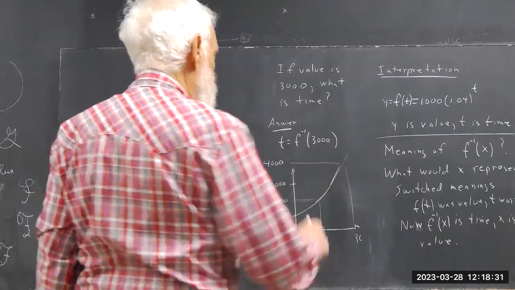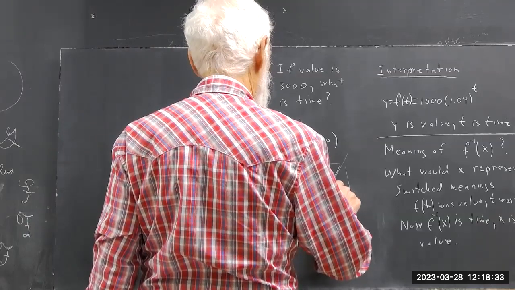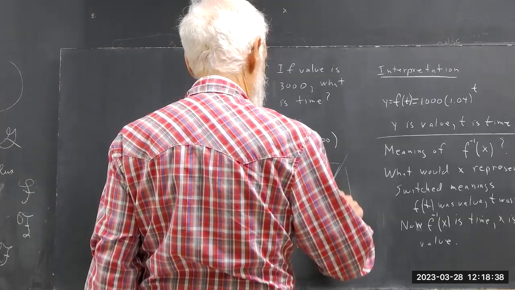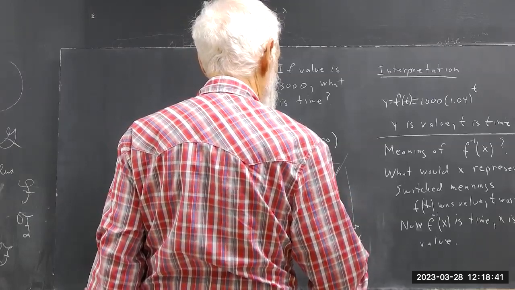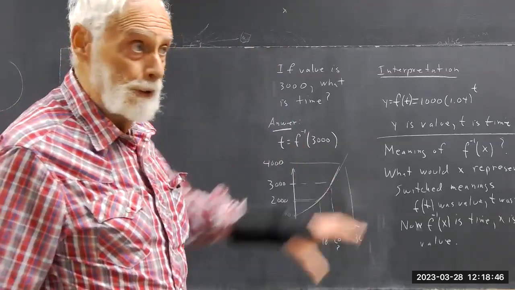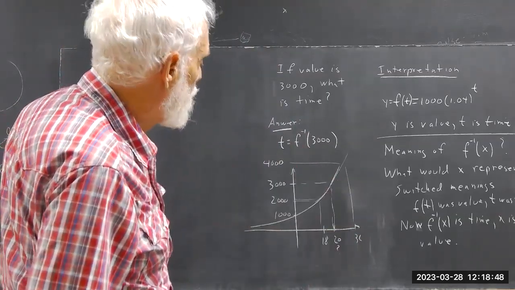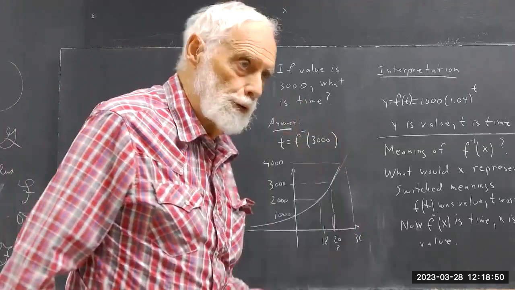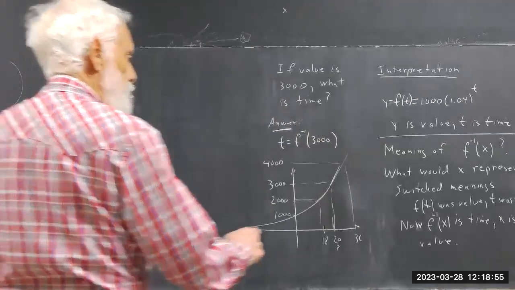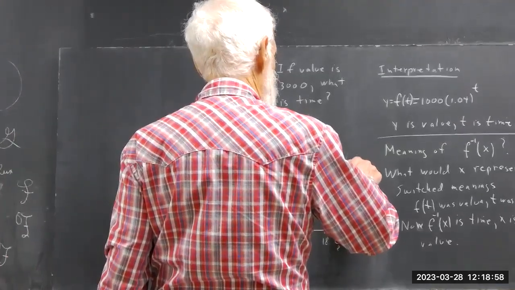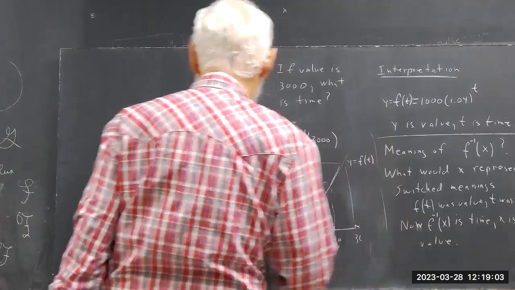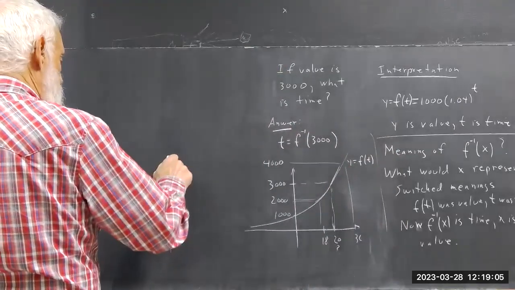We could estimate where we get 3,000, maybe at T equals 20. Remember what we did before, it's pretty similar to what we did here. If I want to do the inverse function, over here.